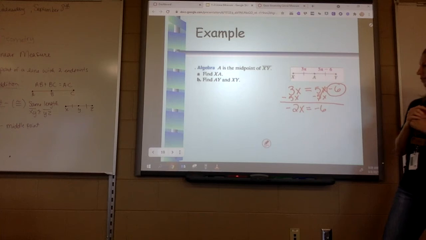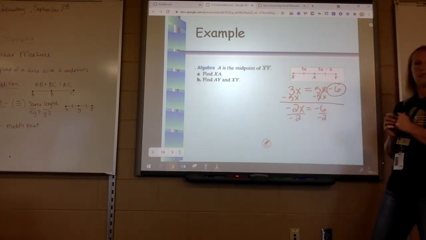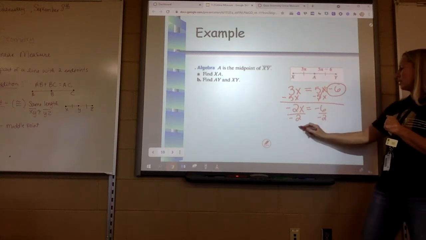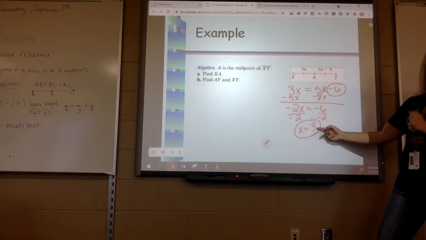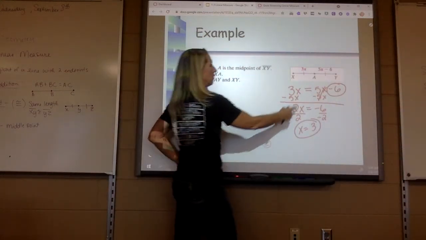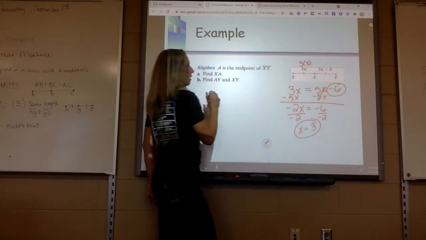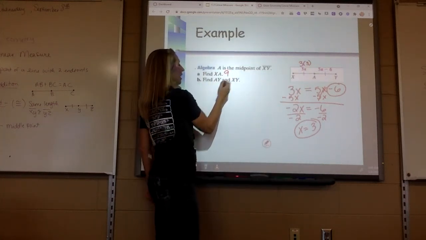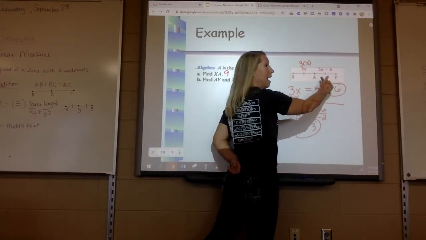Now what would I do? Divide by negative 2. So how many times is negative 2 going into negative 6? 3. So x would be 3. Then it says find XA. So if I plug it in, what's 3 times 3? 9. It also says find AY. Well, I better get 9 here, right?